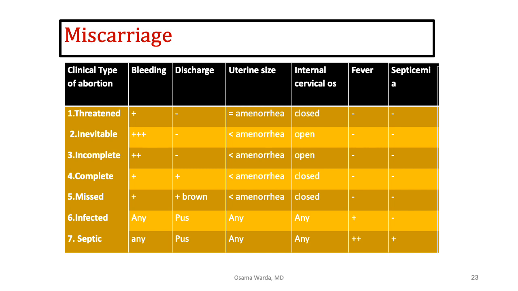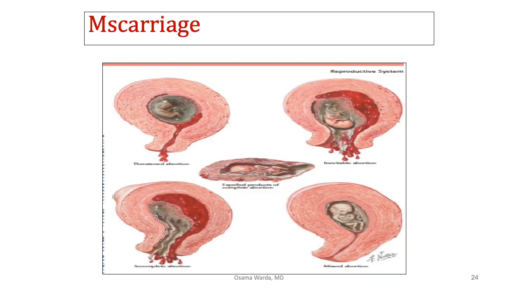It may also be open in incomplete abortion. So we can evaluate the clinical type of abortion, whether it is threatened, inevitable, incomplete, complete, or missed, by examination of the cervix, cervical dilation and condition.